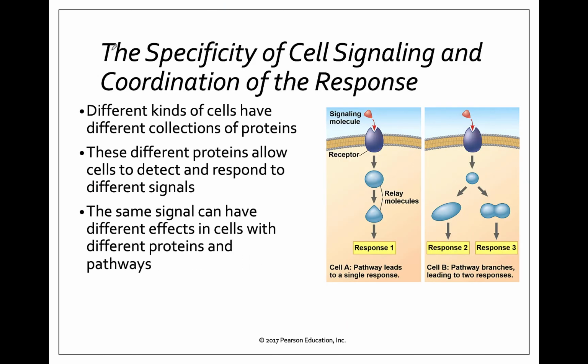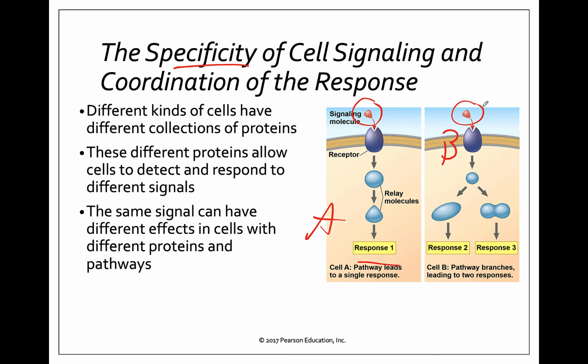One of the other advantages to having lots of steps in the signal pathway is that there's lots of places for variation in responses. So the specificity of the response, so what response you get from each signal, is specific to each cell and specific to each pathway. So here we've got cell A, and this is cell B. They're going to receive the same signal. In cell A, that signal has one pathway and it proceeds to response number 1.